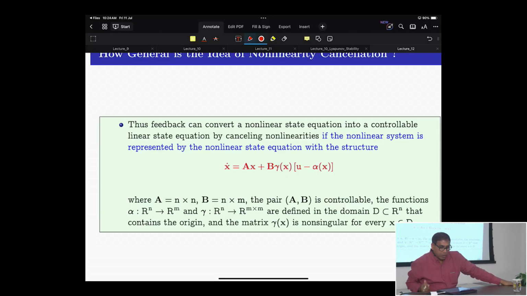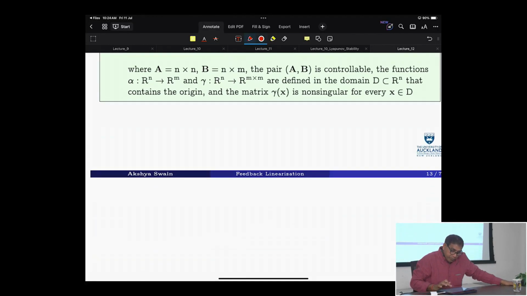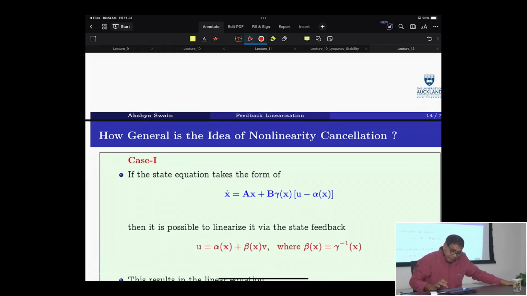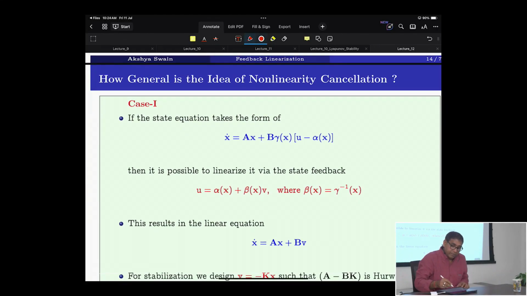Okay? So see here, this is clear. If the state equation is x dot equal to ax plus b gamma(x) into u minus alpha(x), it is a nonlinear system, right? If the system is in this form, this point is extremely important, I am telling you.